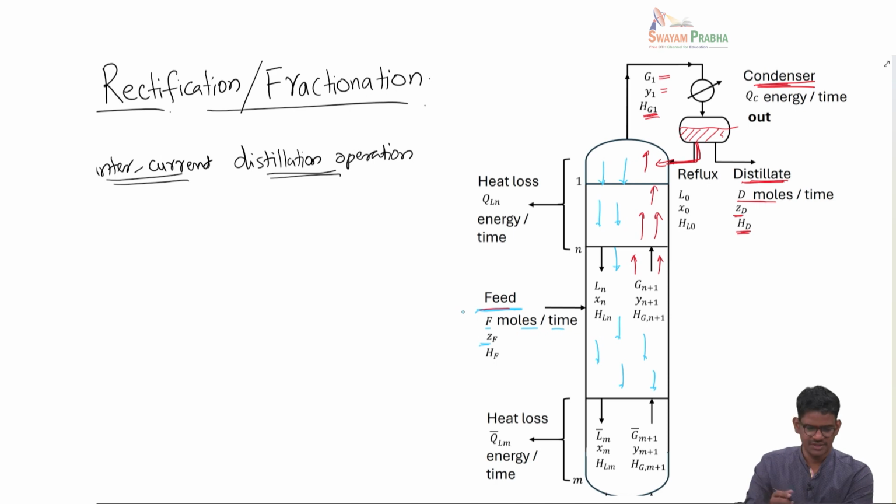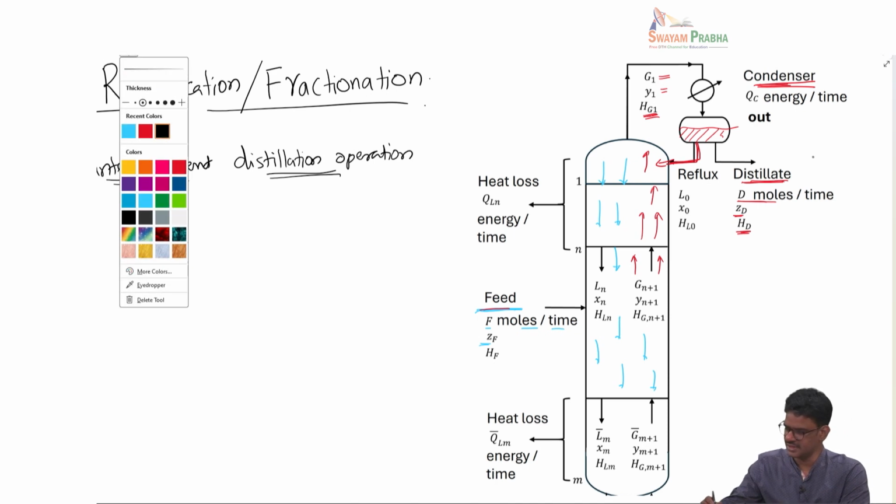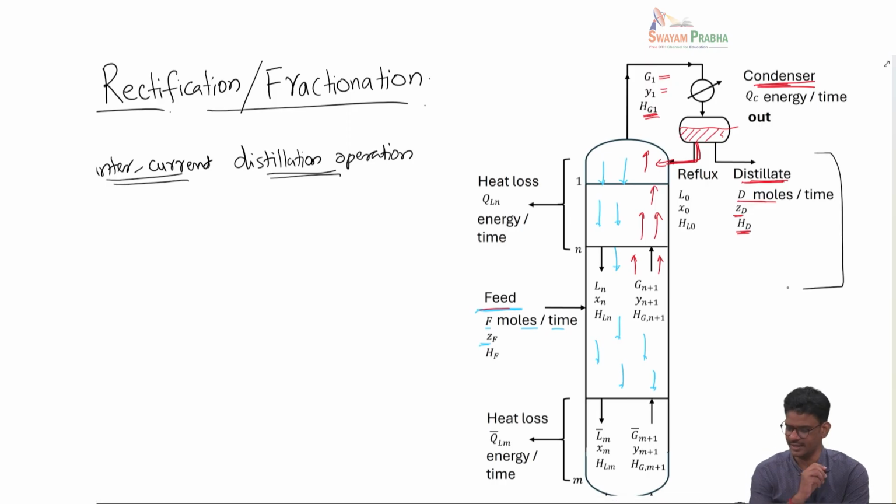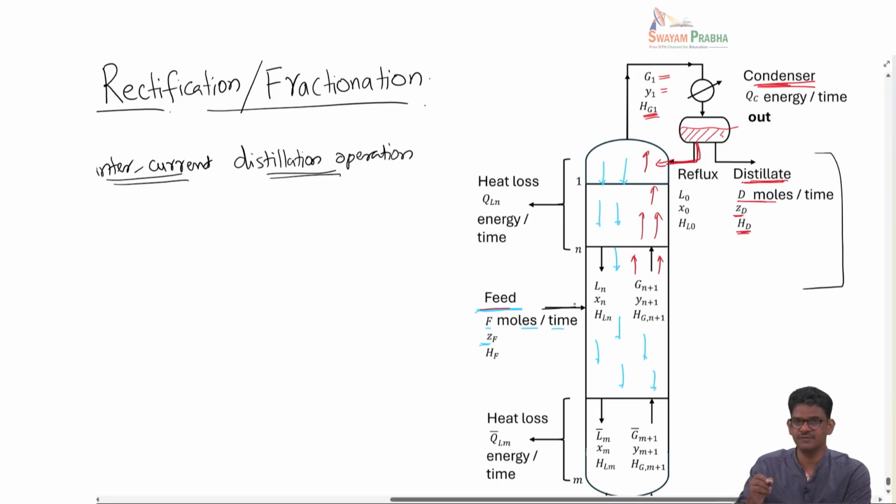So this particular section, this entire section above the feed line, from the feed to the top of the column, we call the absorption section or enriching section or rectifying section.